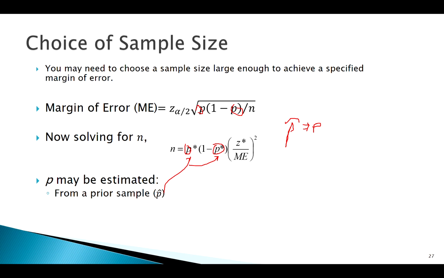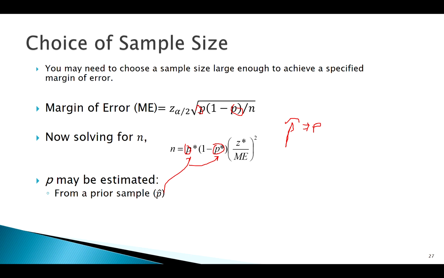But think about when we would be doing this. If we're smart, we're estimating the sample size we need to get the results that we want before we take our sample. I wouldn't want to go out and take a sample and do all this work and then not be happy with my results. So what should my results look like, and what sample size do I need to achieve that?